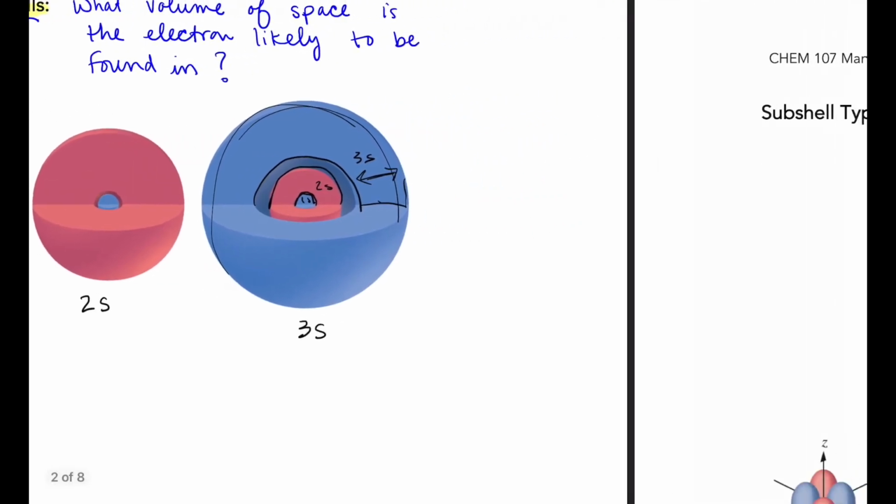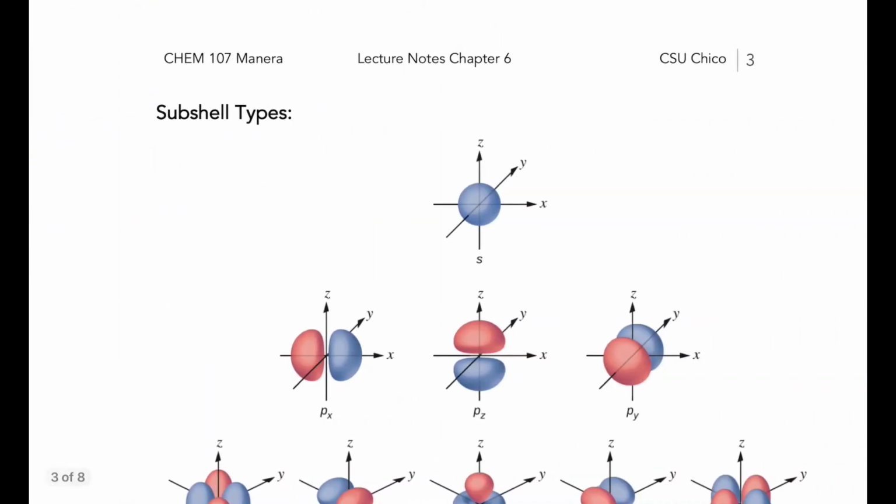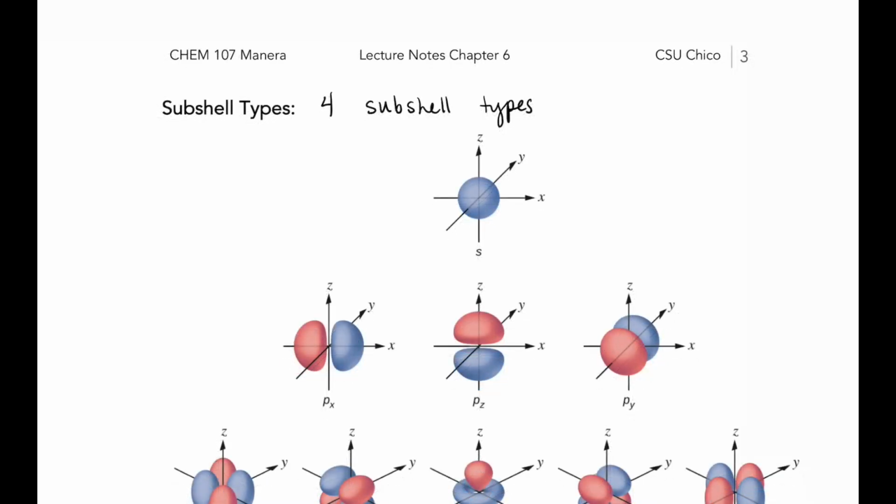Okay. So there are 4 types of subshells, and they're all listed on this figure. Subshell types. There are 4 subshell types. The first type is the one that we just looked at on the previous page. So this is the S subshell. And it shows one sphere here, right?